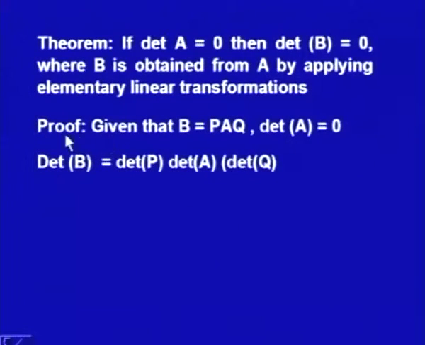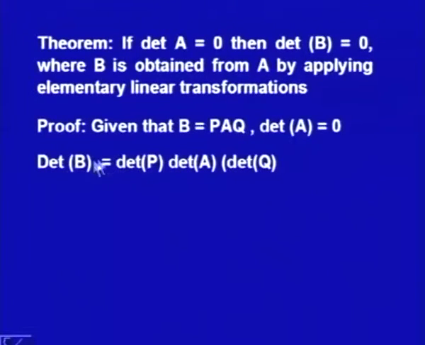To prove this, let us say B is equivalent to A, because B is obtained by applying elementary linear transformations to A. That means there exist non-singular matrices P and Q so that B is equal to PAQ. Further, it is given that determinant A is equal to 0. We have to prove that determinant B is also 0.